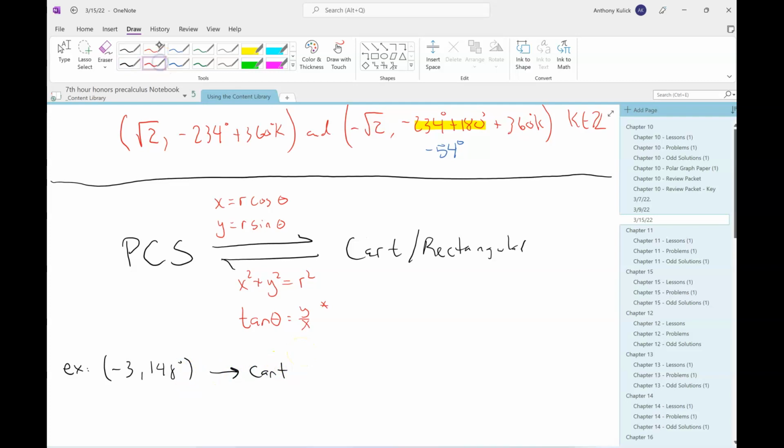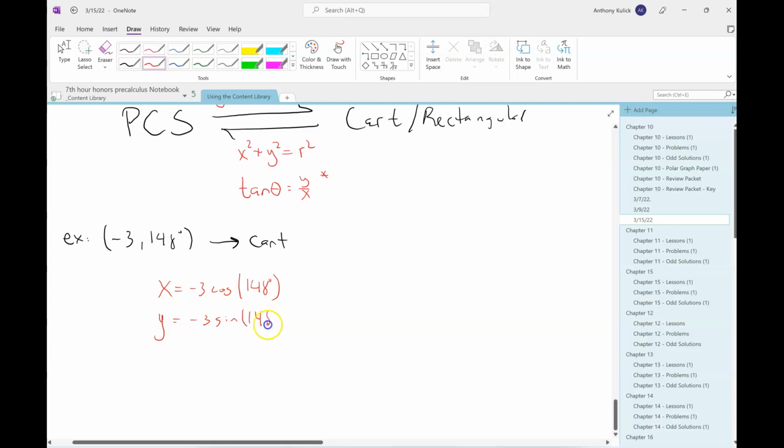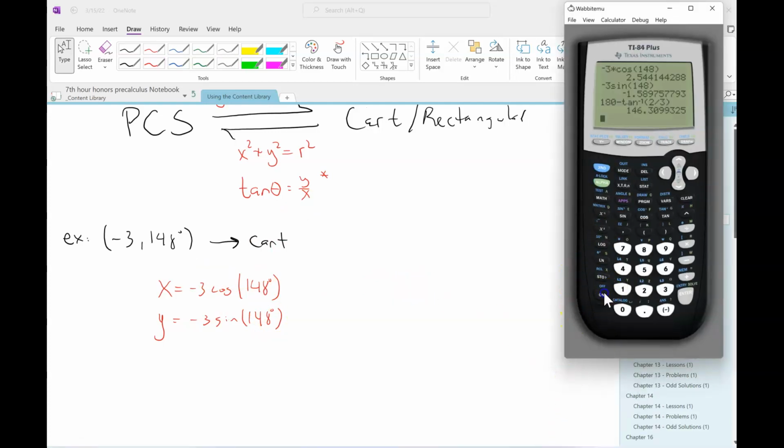So let's say I want to take the polar point -3, 148, and convert that into the Cartesian form. Well, all I need to do is -3 cosine 148, -3 sine 148.